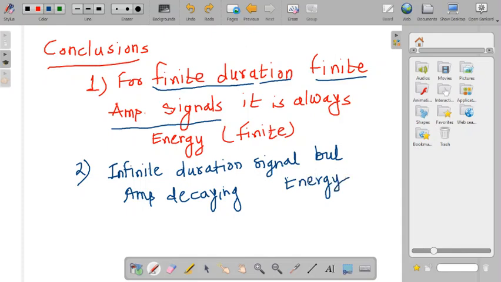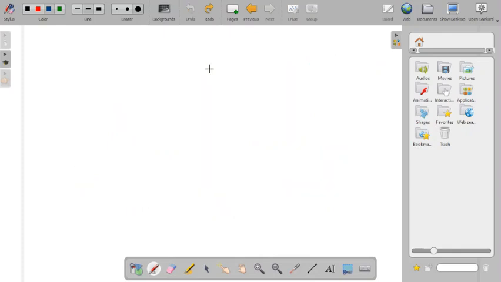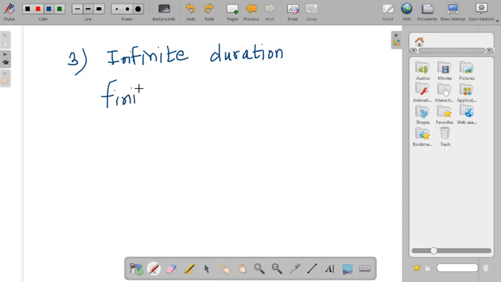And the last important conclusion, the third conclusion: infinite duration, finite amplitude signals are power signals.